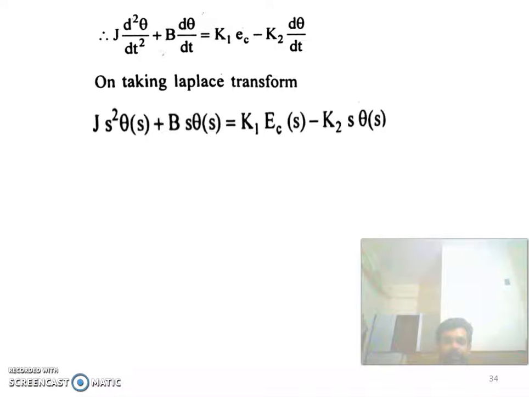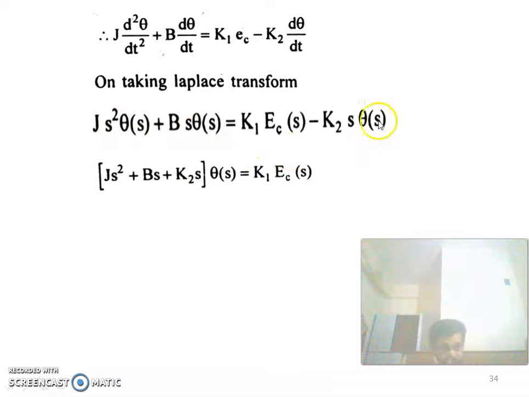On taking the Laplace transform, we will be getting J S square theta of S plus B S theta of S is equal to K1 EC of S minus K2 S theta of S. From this, bring the K2 S theta of S to the left hand side and take theta of S common.